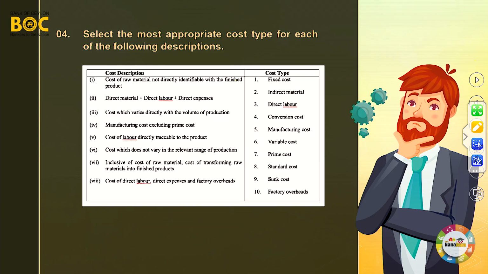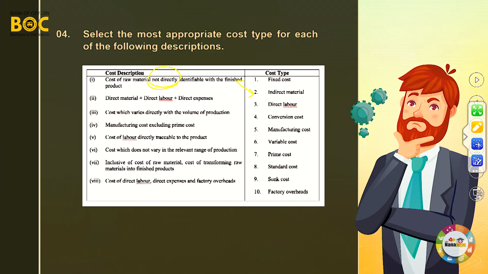The cost of raw materials not directly identifiable. Cost of material not directly identifiable means indirect material.